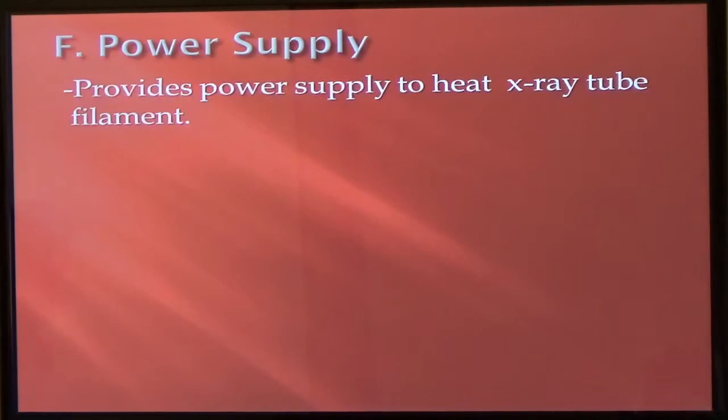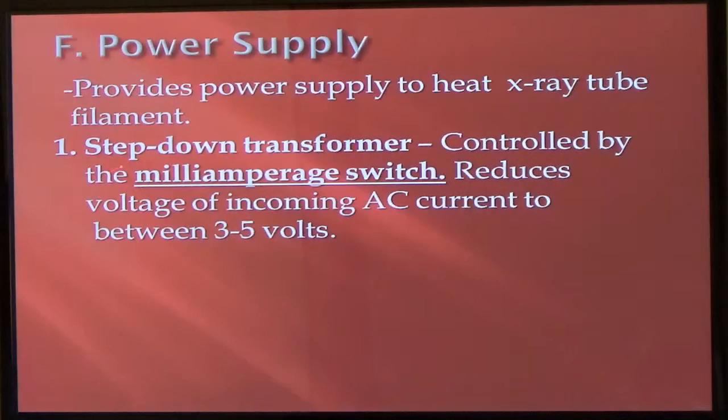Okay, power supply. Your wall socket right there, 210 or whatever it requires, provides the power to heat the X-ray tube. The transformers you really don't need to worry about too much, but inside the X-ray tube or X-ray head, we have step-down transformers, which are controlled by milliamps.